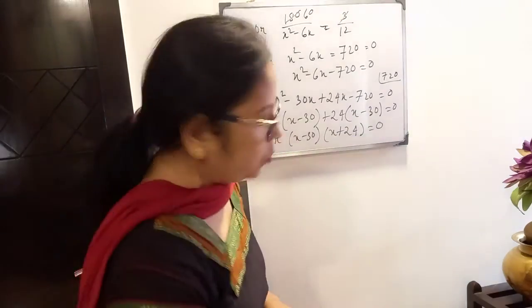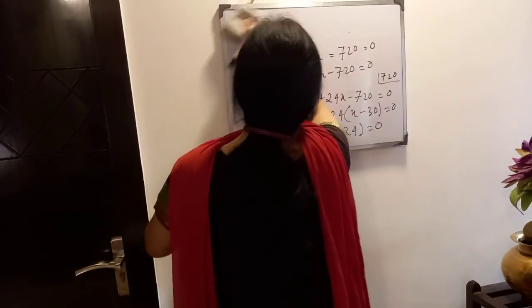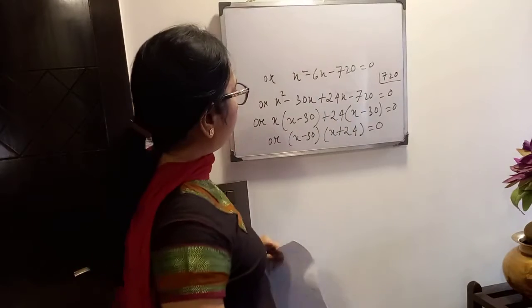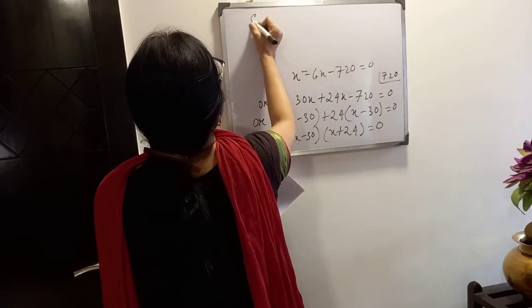So either x equal to 30 or x equals to minus 24.